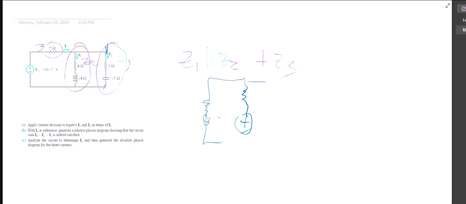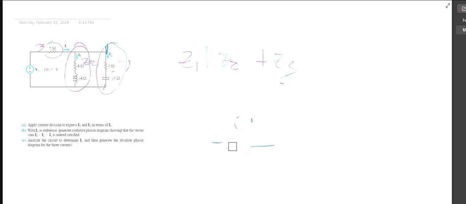I'm just making up elements, whatever. Would that make any difference? Does it make any difference that these two that are in parallel are right next to each other and not on the other side? And the answer is no, it doesn't. It doesn't matter where they are, they would still be in parallel.